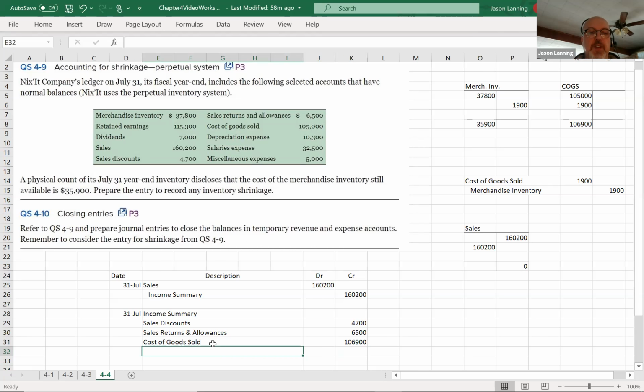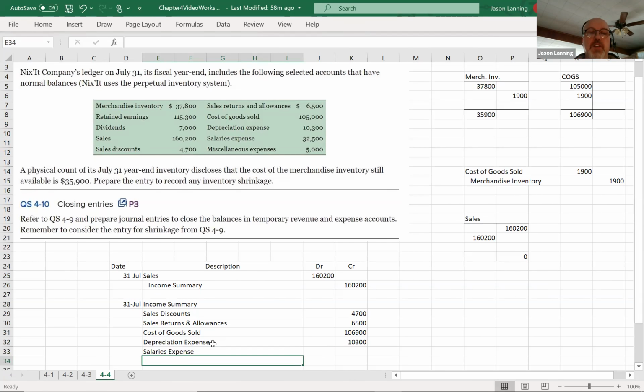Depreciation expense is another expense. So we will credit that for the 10,300. And then we have two more. Let's see, we have salaries expense, and miscellaneous expense. Now, salaries expense was 32,500.